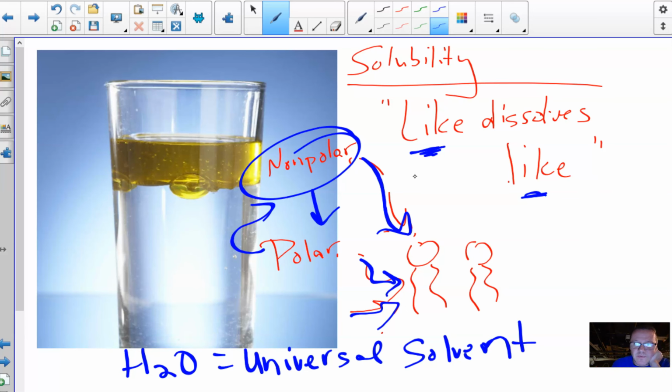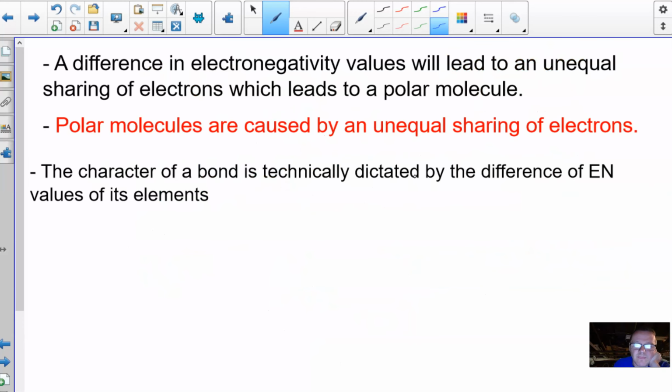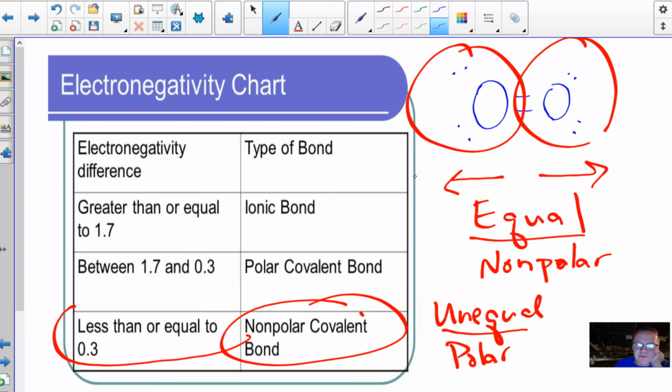So I hope that this clarifies some of the things with the bonding, especially.